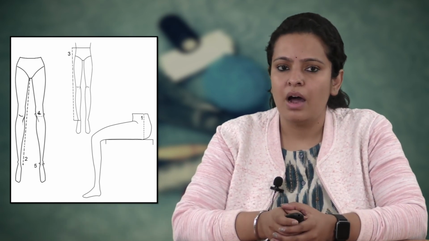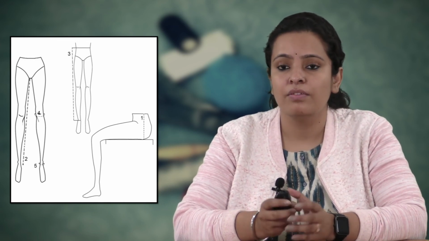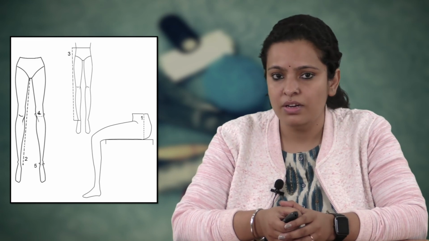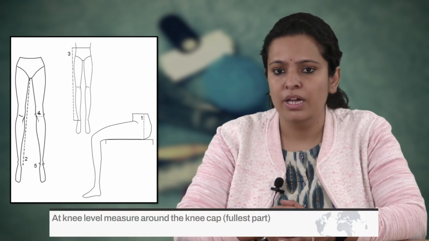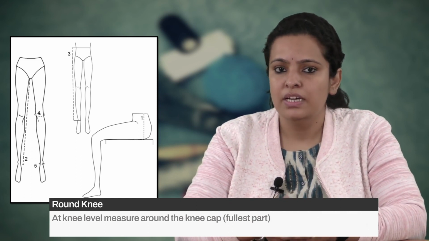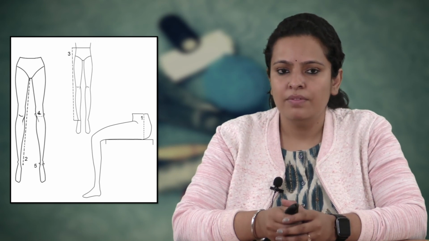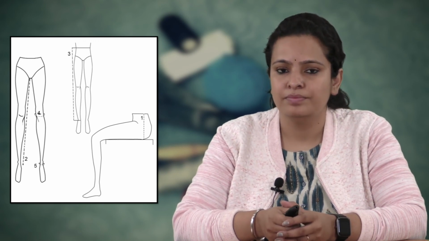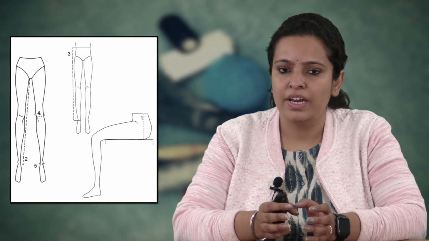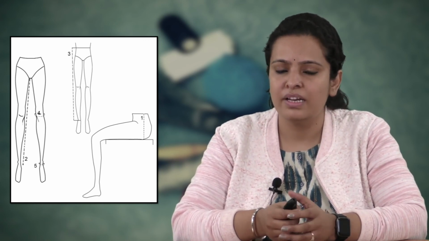Then we take the round knee measurement, which is very important when we are going to construct a trouser. At knee level, measure around the kneecap, which is the fullest part of the knee. Then we have the round ankle, which is very important to make the wearer feel comfortable in a trouser.